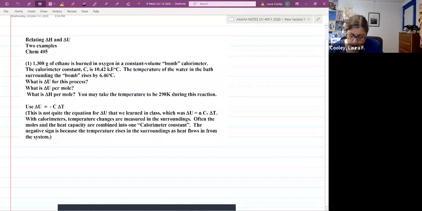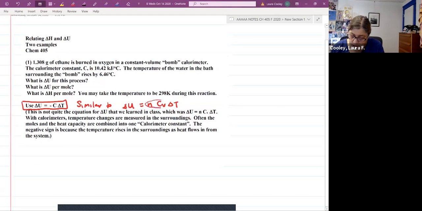But I want to tell you that what you're going to do is use this equation here. This delta U is minus C delta T. It's similar to the change in internal energy being N C V delta T, except that these things are combined together to make the calorimeter constant. And there's a negative sign.